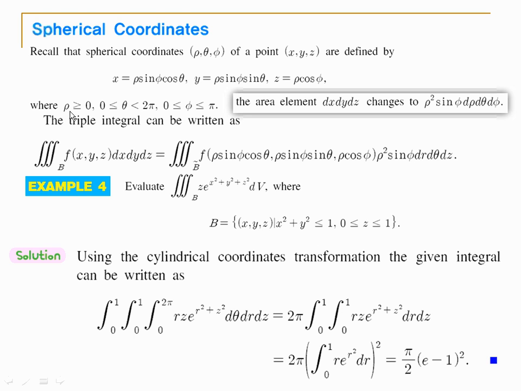That's why they write rho, theta, and phi in this way to cover the whole three-dimensional space.